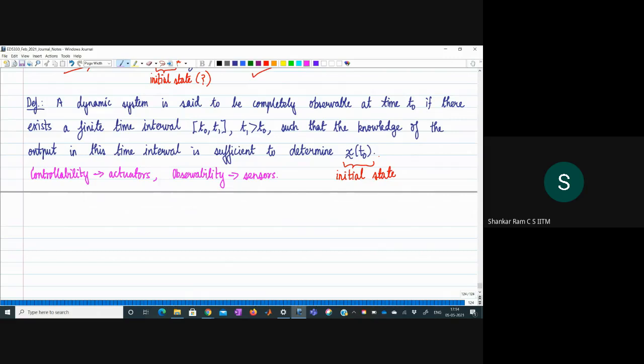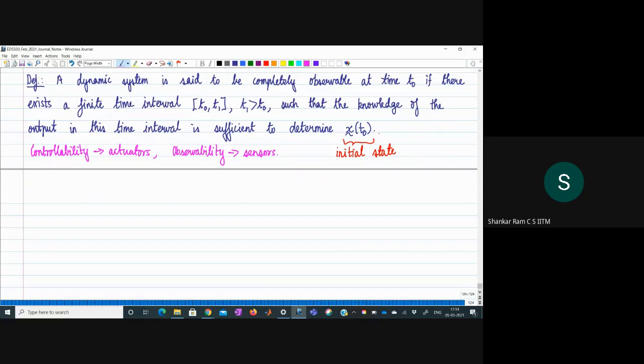On the other hand, observability helps us in figuring out the state from limited measurements, so it has to do with the choice of sensors. That is the broad physical perspective of these two properties.